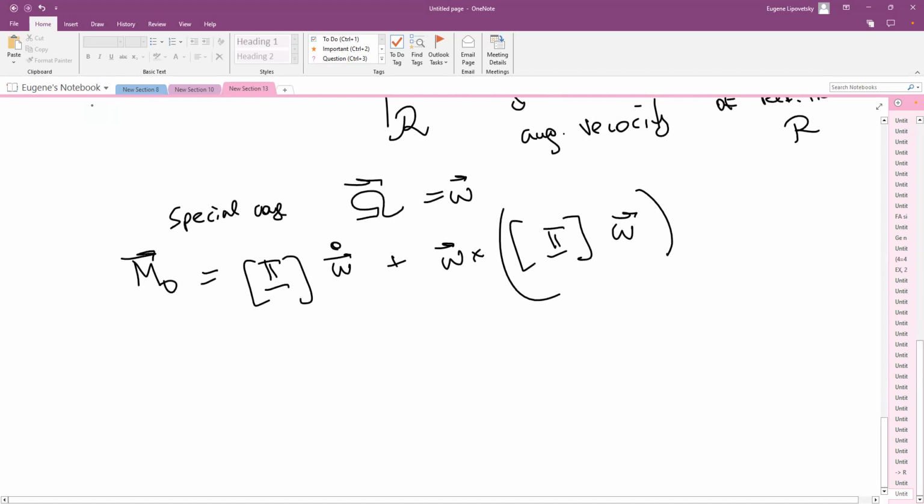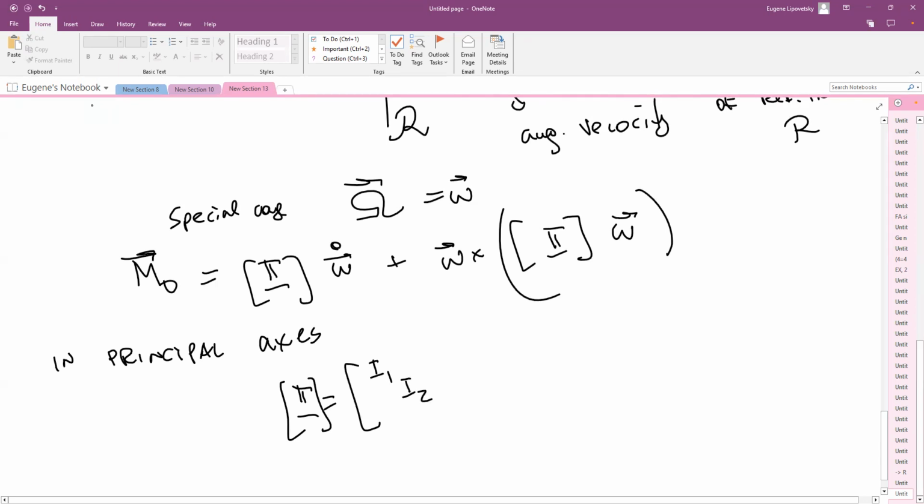In principal axes, the I is equal to I1, I2, and I3.